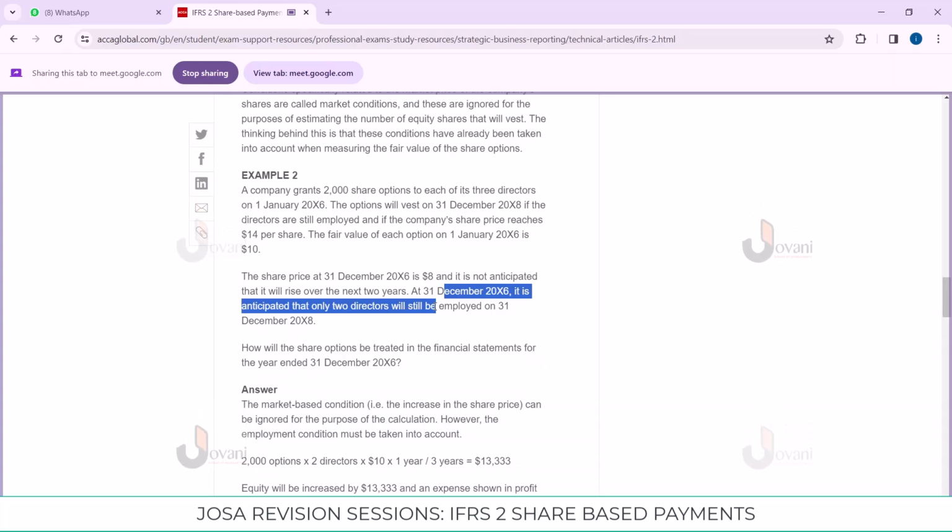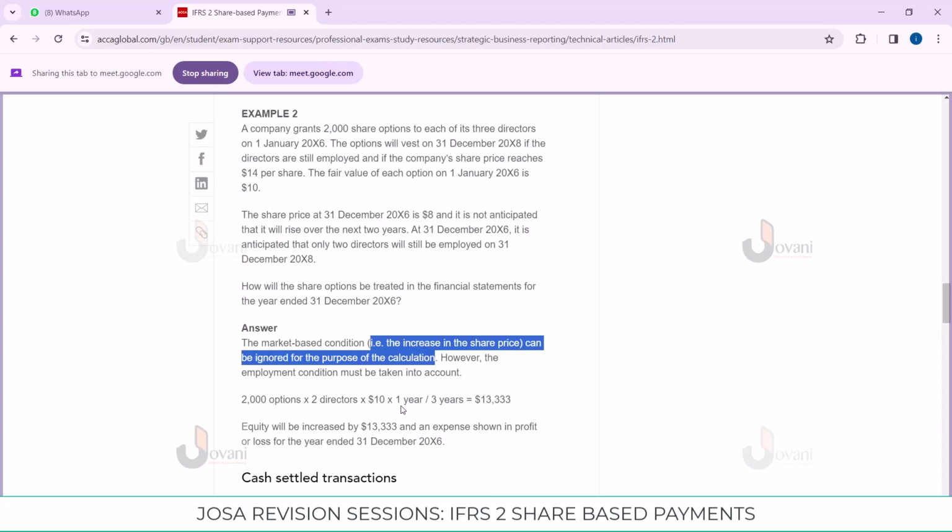Answer. The market-based condition, the increase in share price, can be ignored for the purpose of the calculation. So in the exam, you're going to say, in accordance with IFRS 2, an entity, or you can even name the company, Company A, should ignore market-based conditions such as an increase in the share price when calculating the amount to be recognized.